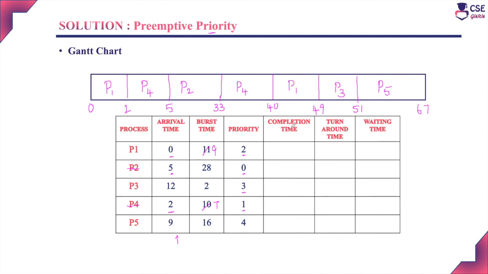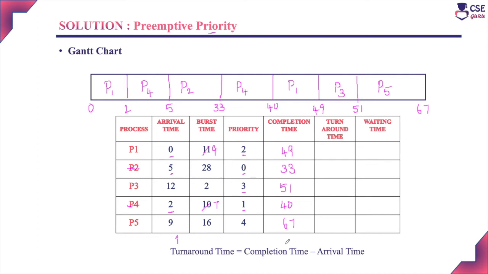Next we need to find the completion time. Completion time for process P1 is 49, for P2 is 33, P3 is 51, P4 is 40, and P5 is 67. Next we need to find the turnaround time. The turnaround time is the time interval from when the process enters the ready queue to when it completes its execution on the CPU.